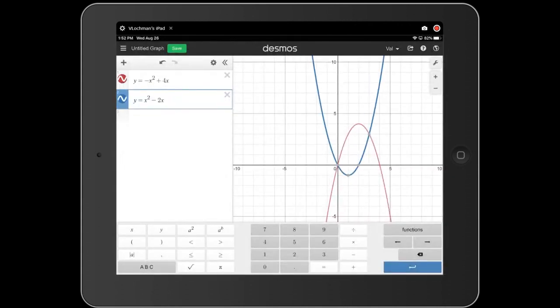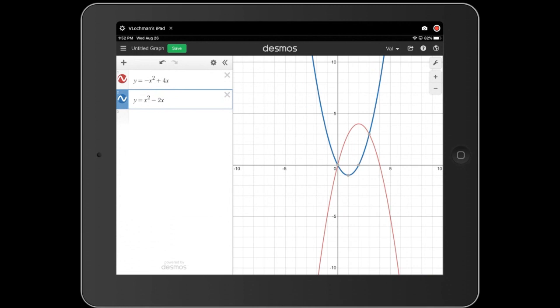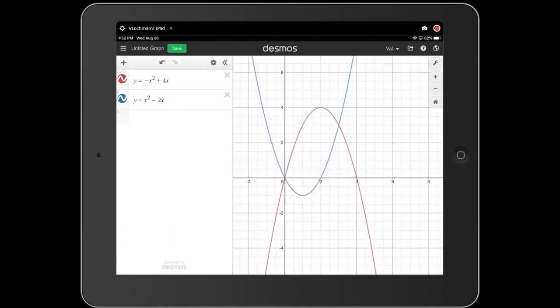We're trying to find the area bounded by these two parabolas, which means we need to determine where they cross. One point is obvious, (0, 0). That's the beauty of Desmos: you can just touch that point and it tells you exactly what the coordinates are. The second point is (3, 3).